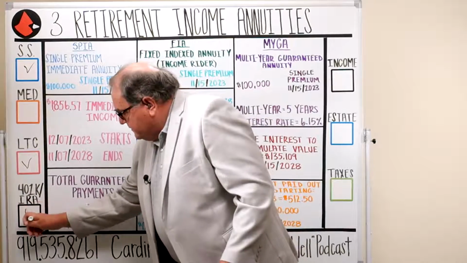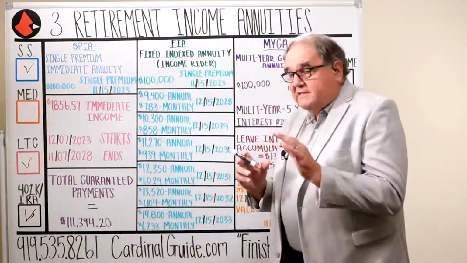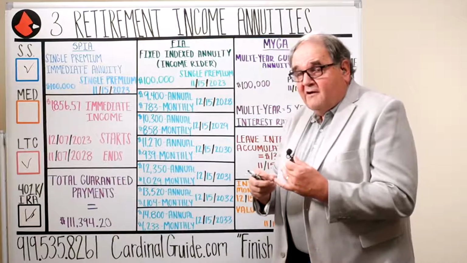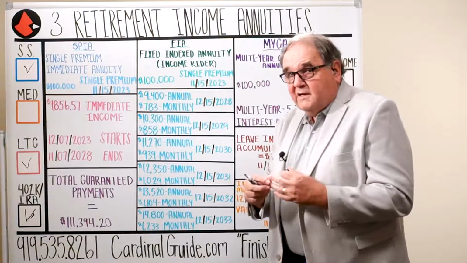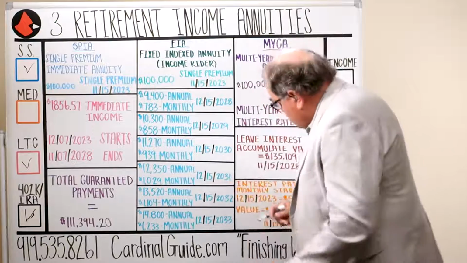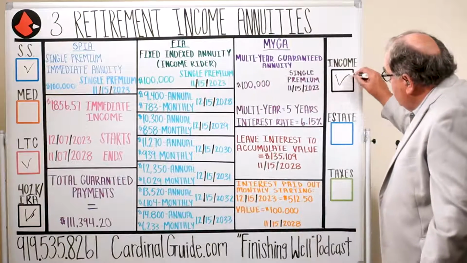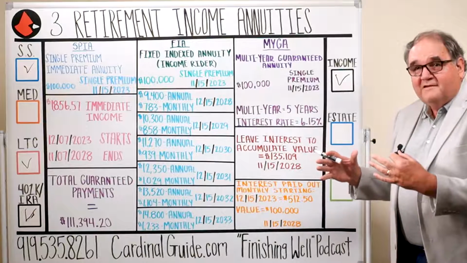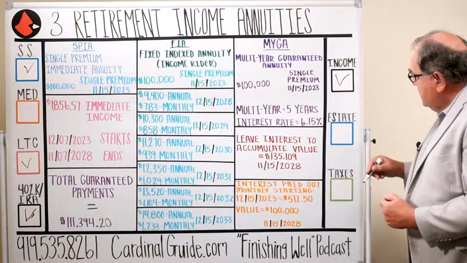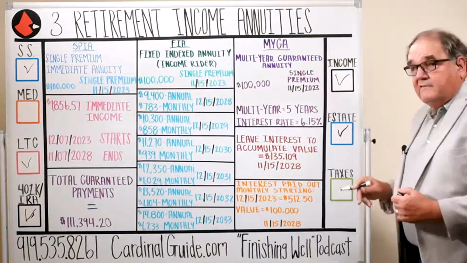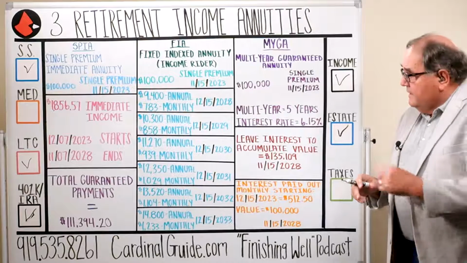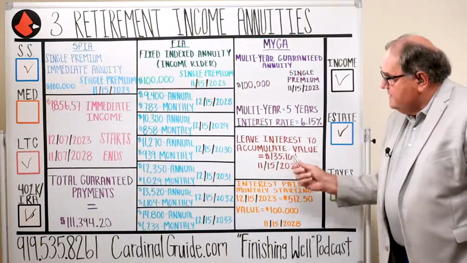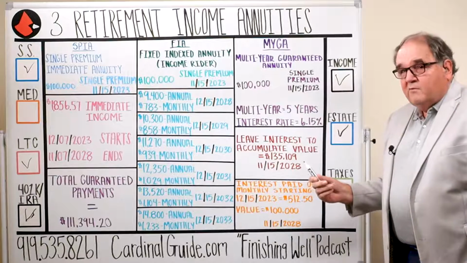All 3 of these annuities, and most that we sell, are available with IRA money. They're also available with just regular money, non-qualified money. These are all about income because that's what we're doing is we're creating income for you, either now or in the future. They have an estate planning effect in the sense that your principal is not gone with these two, even though they have the word annuity.